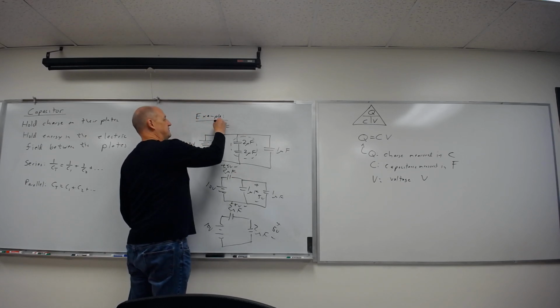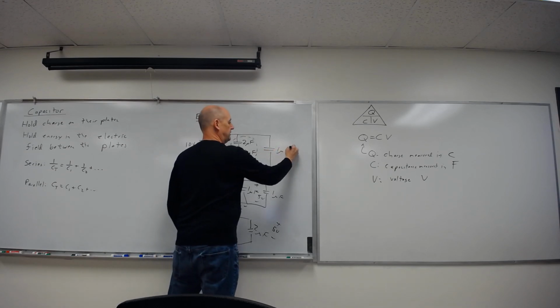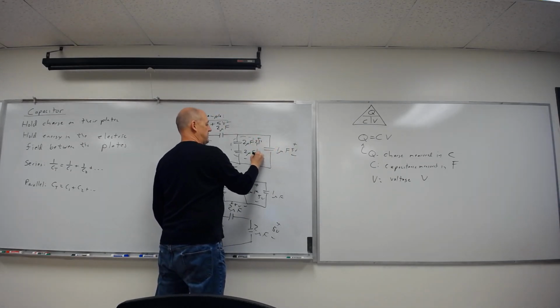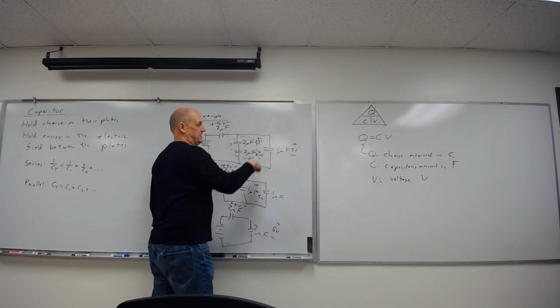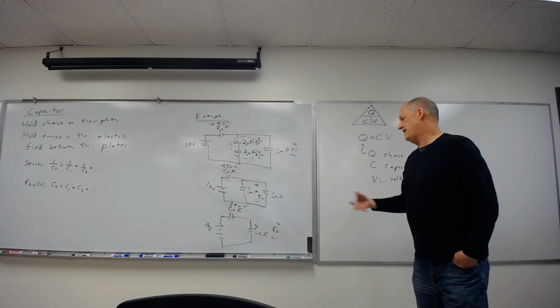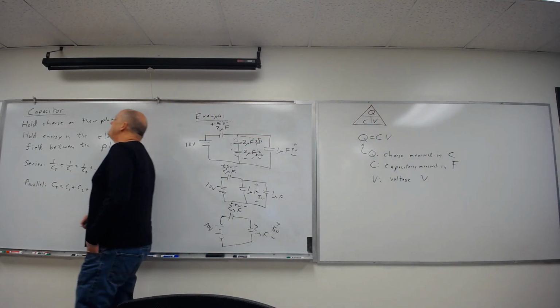Up here, this is 5 volts. That's 5 volts. And these are each 2.5 volts. Okay. If you didn't have nice numbers like this, you'd have to go find the charges and do it like we did before. But you can build it back up. Find the total capacitance. All right, not done.